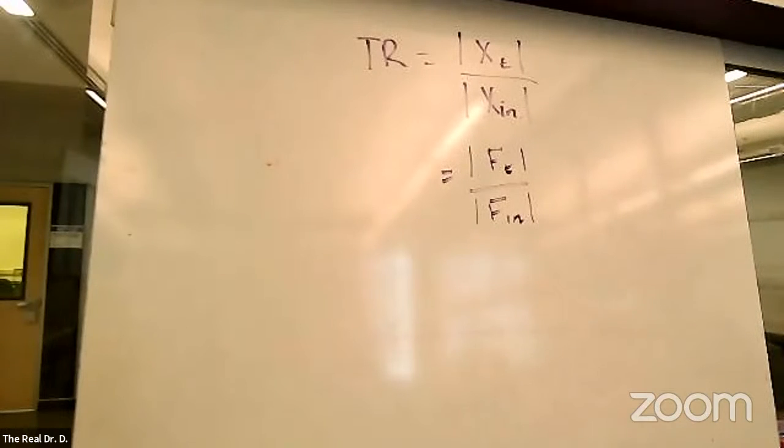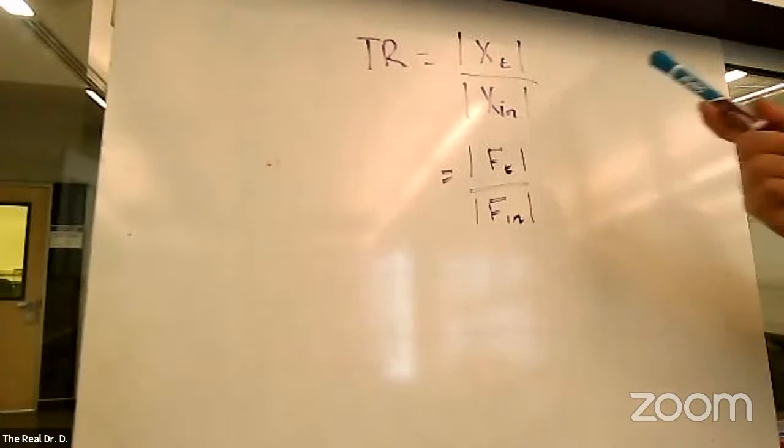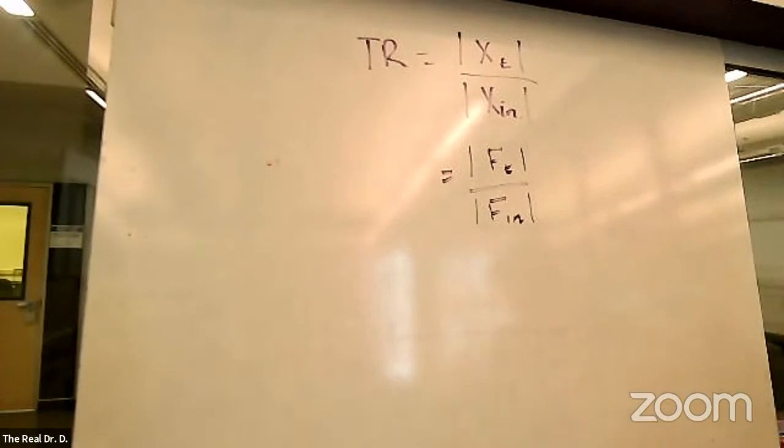You can't have a system that has 2 different transmissibilities at a specific frequency. That's not how it works. You haven't changed the dynamics of the system, so you haven't changed the transmissibility by looking at it in this way. If you change the operating frequency, then yes, absolutely, transmissibility will change, but this ratio will be the same. And notice, these are the amplitude ratios. Earlier in this class, in fact, we talked about something that we call the amplitude ratio.